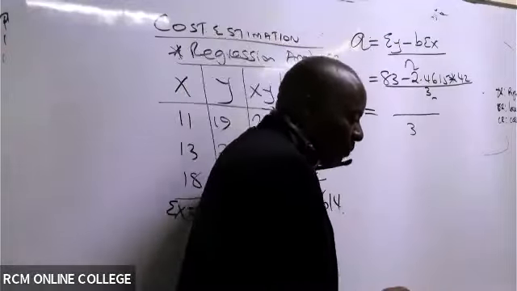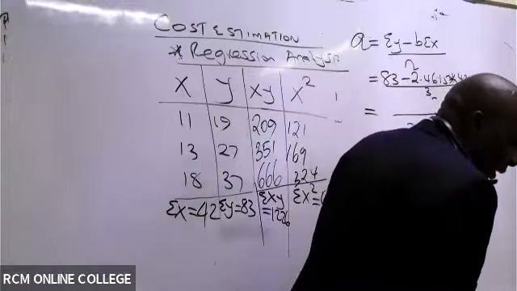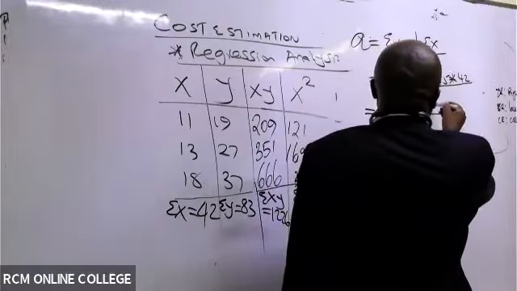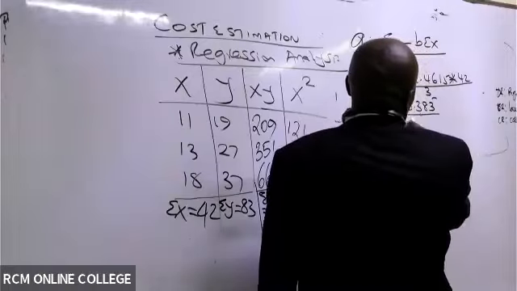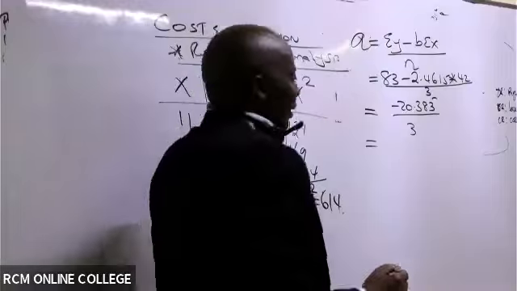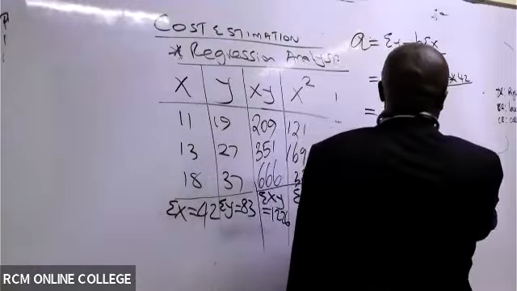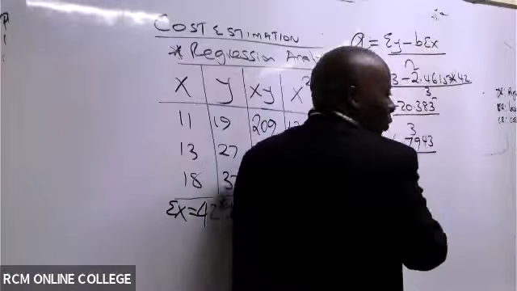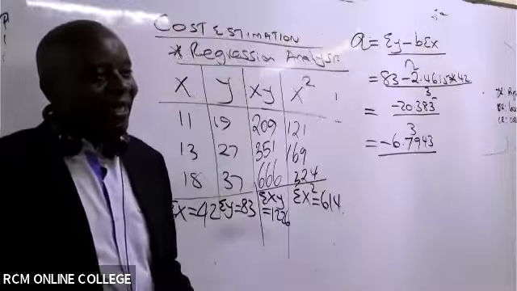So the numerator gives minus 20.383. Then when you give me a quotient, what value are you going to get at the end of the day? Minus 6.7943.